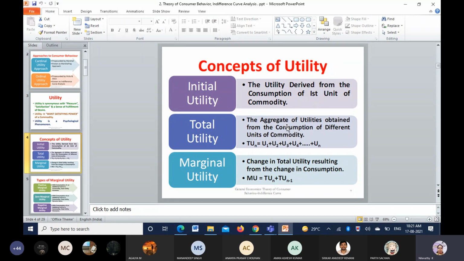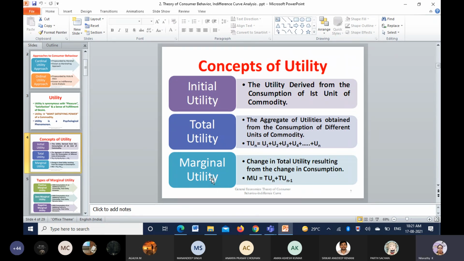When I consume the second unit, the first and second combined give my total utility. So total utility is the aggregate of utilities obtained from the consumption of different units of a commodity.